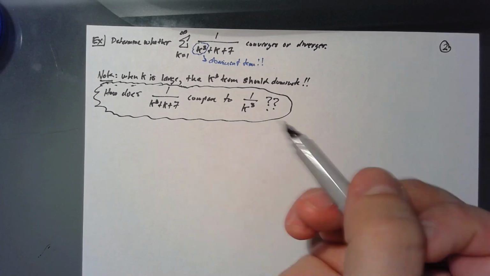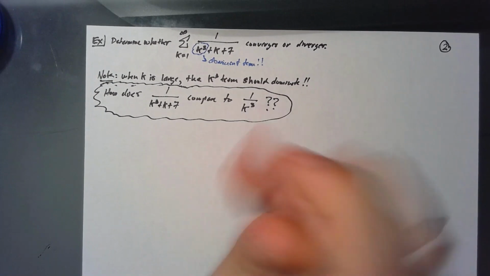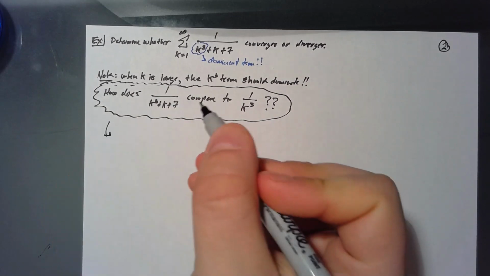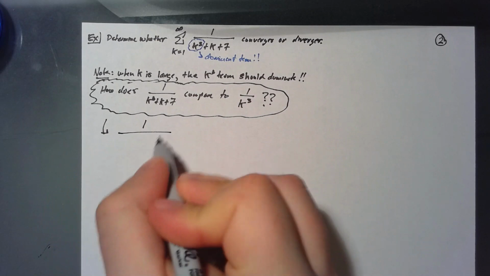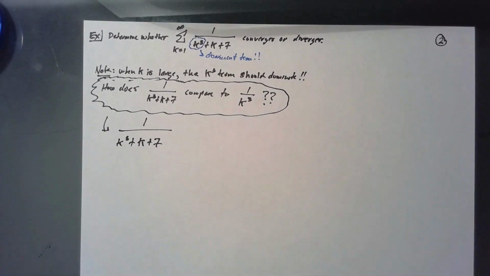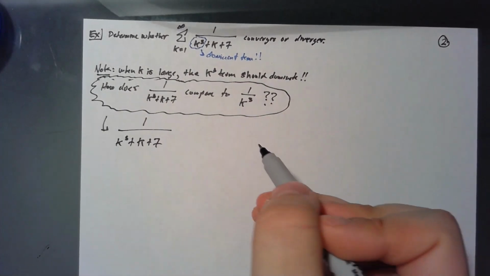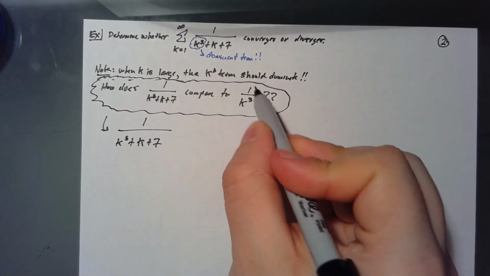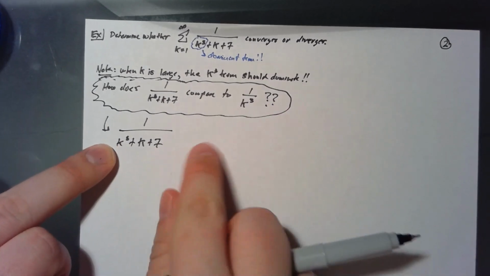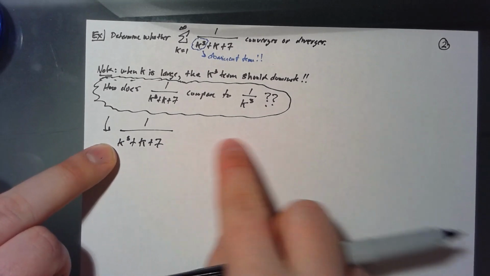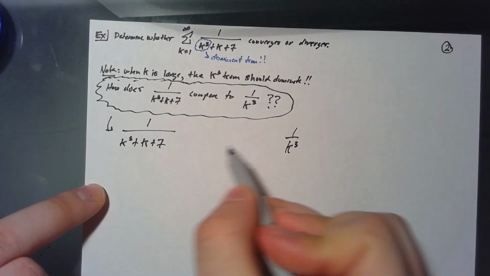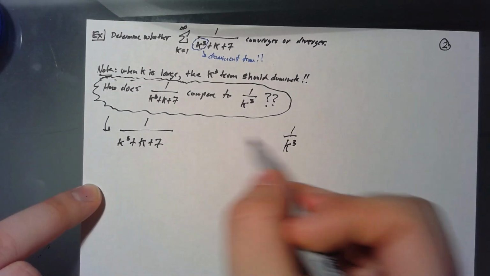So I want to compare this to this. All right, well, the idea here is to take this and compare it to this. How do I do that? Well, here's what we're going to look at. So here's what I started with, and how do I get to this? I started here, and I'm going to do some math that gets me to here. There's going to be some stuff in between, but just bear with me for a second.